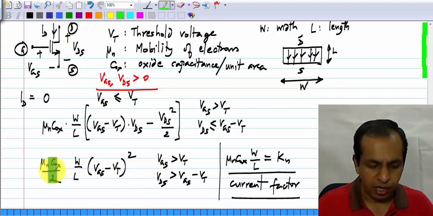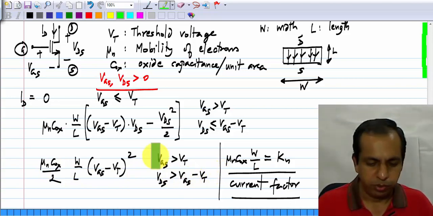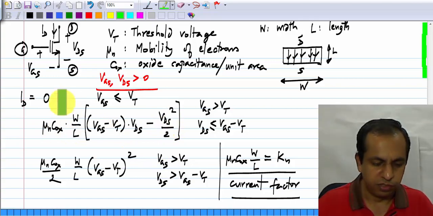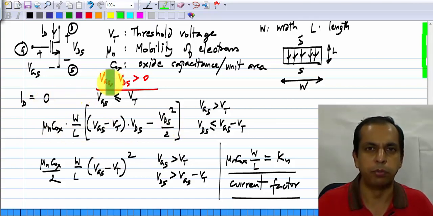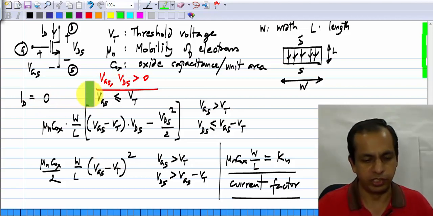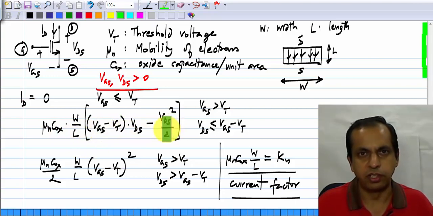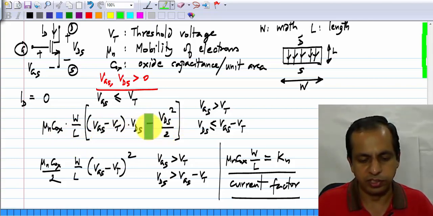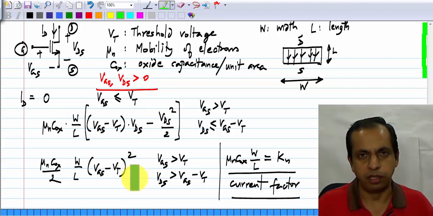And this is the region you would like to operate in as an amplifier, because if you look at the other regions, first of all, the first region where the transistor is cut off is useless, there is no current at all, so there can't possibly be any amplification from the device. Now, in this region you can see that the current depends on both VGS and VDS, and this is not the desirable one, because in this case the parameter Y22 will not be 0, whereas here it is 0, and this is the desirable region of operation.